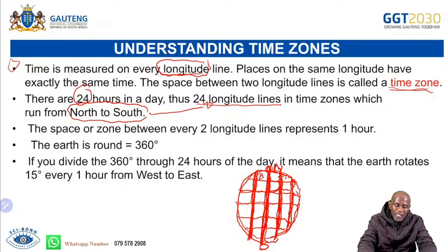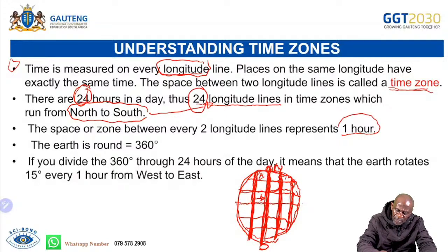Remember, a day is made up of daylight and night. So it takes 24 hours to complete one day, and we have 24 lines of longitude. The spaces or zone between every two longitude lines represents 1 hour. So the distance that you will travel from here to here would represent 1 hour.